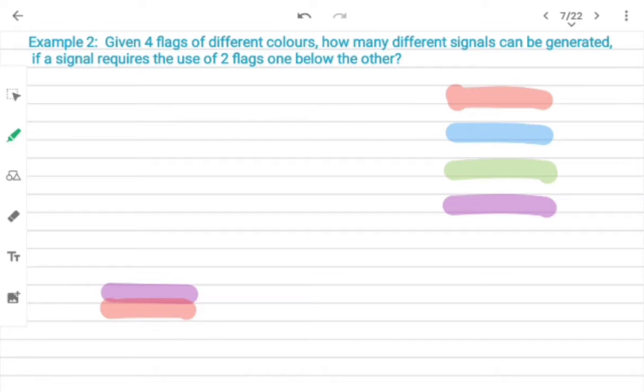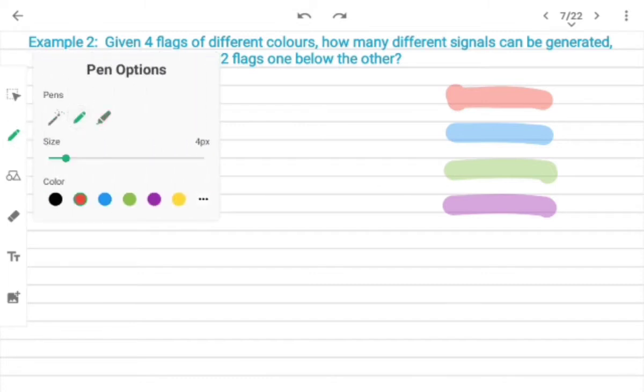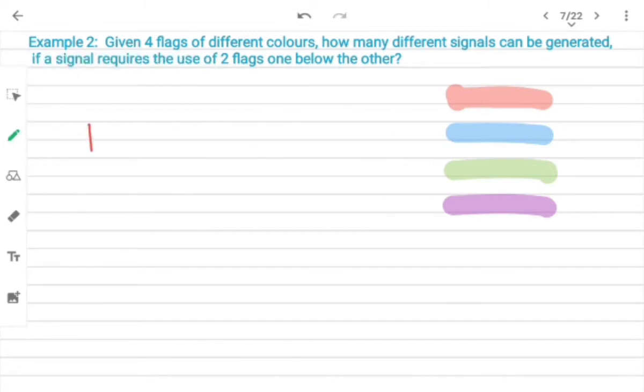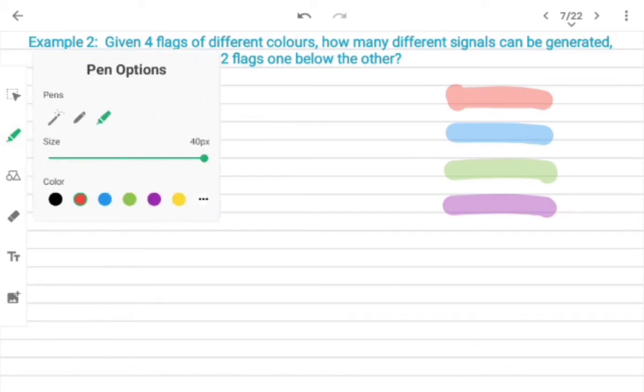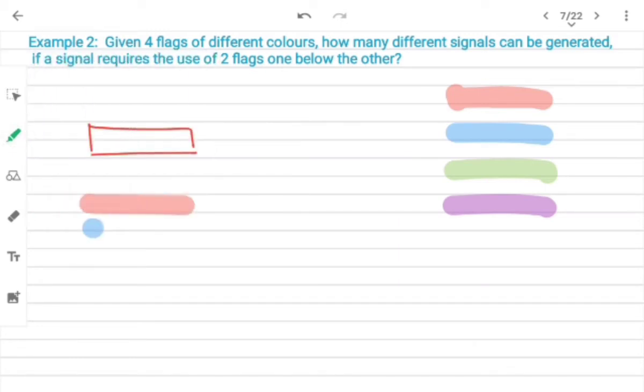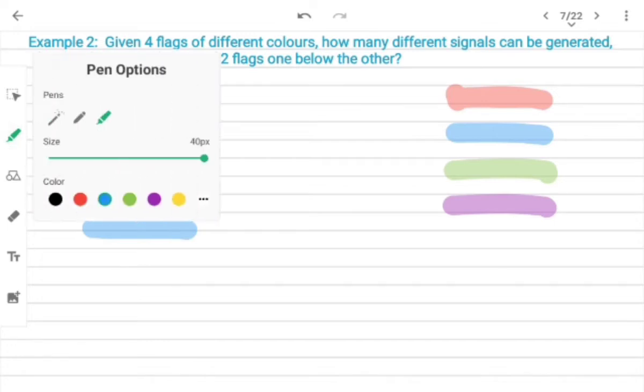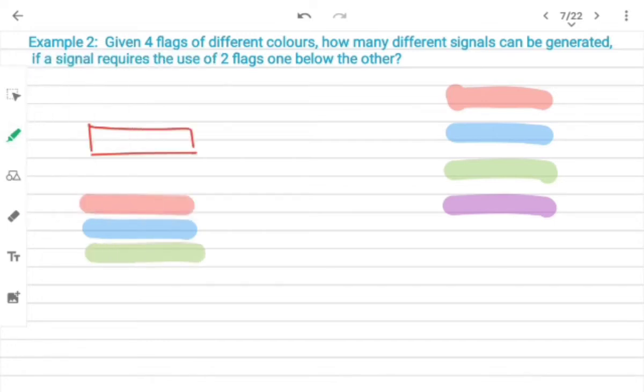The same way, I will explain to you. In the first place, I have 4 color options. One is a red color flag, and then a blue color flag, and then a green color flag, and finally the purple color.